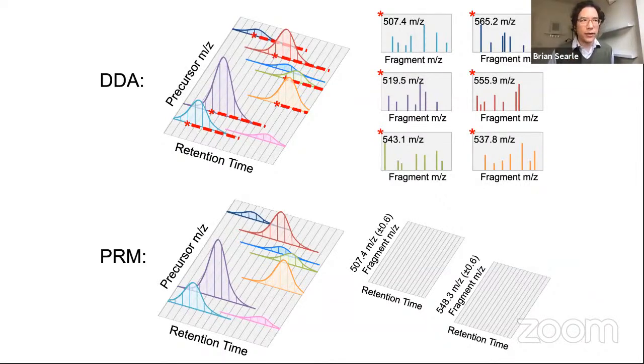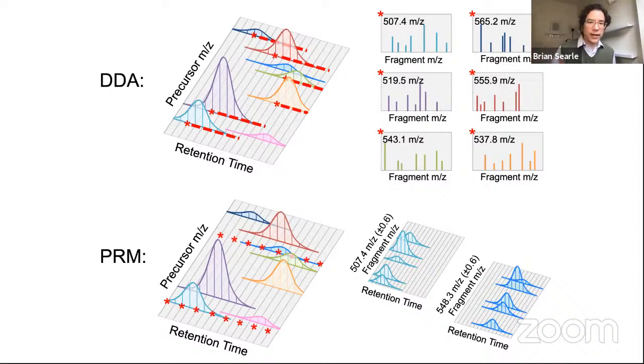And rather than trying to collect a single MS2 to represent that peptide, we can collect MS2s over time, one after another, sequentially. This gives us a way of measuring the peptide at its apex, and by being able to see a peak shape associated with it, we can be very confident that that peptide is actually present.